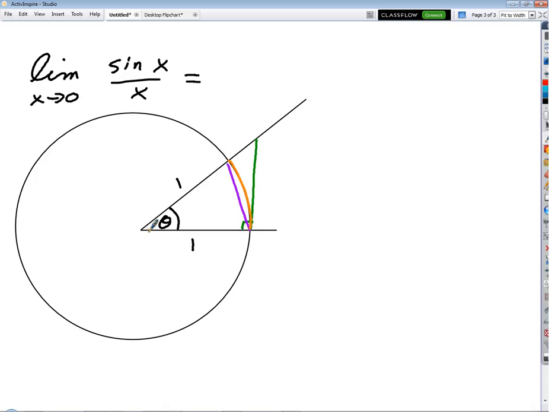Our strategy is to select the SOHCAHTOA trig function that involves the green side and another side that's equal to 1. So we have one known side and one unknown side. So what's that going to be?